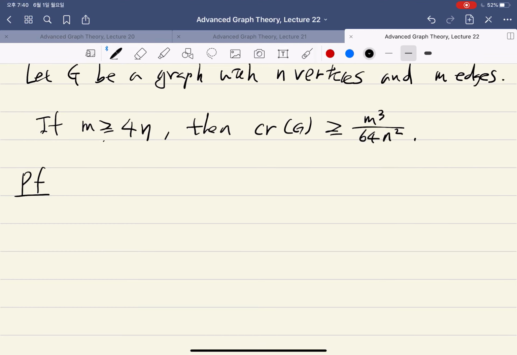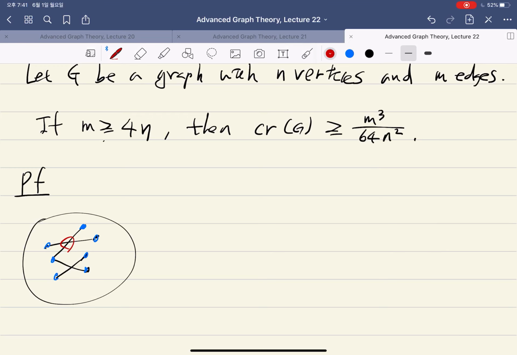We have a drawing, and if you randomly delete some vertices, so we keep the vertices with probability p, then it's easier for us to remove the crossings than edges, and it's easier to remove the edges than vertices.